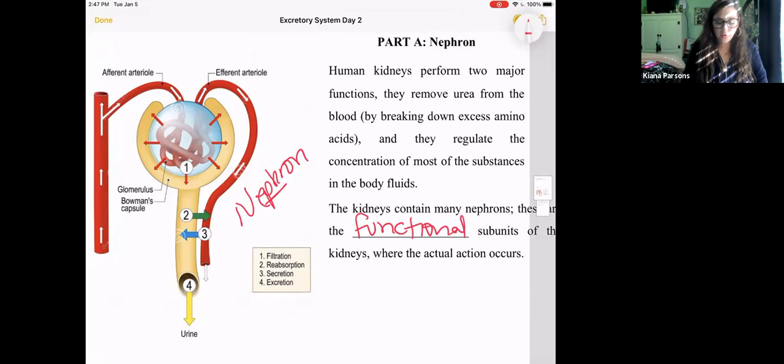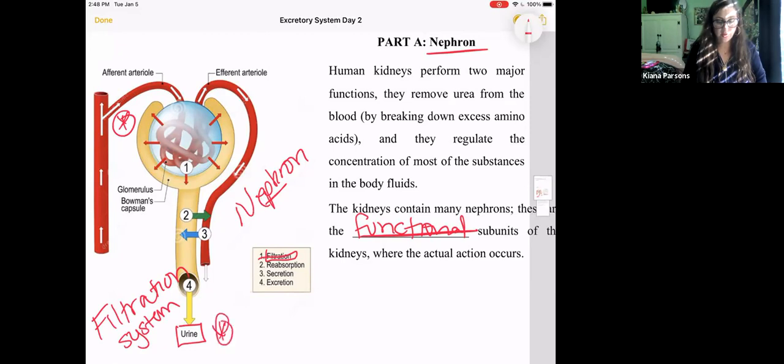And the functional purpose of the kidney is filtration. So the nephron is a filtration system. And you can see at one end of the filtration system goes in blood, which waste is being removed from. And at the other end comes out urine, which is a method of releasing liquid waste from the body.